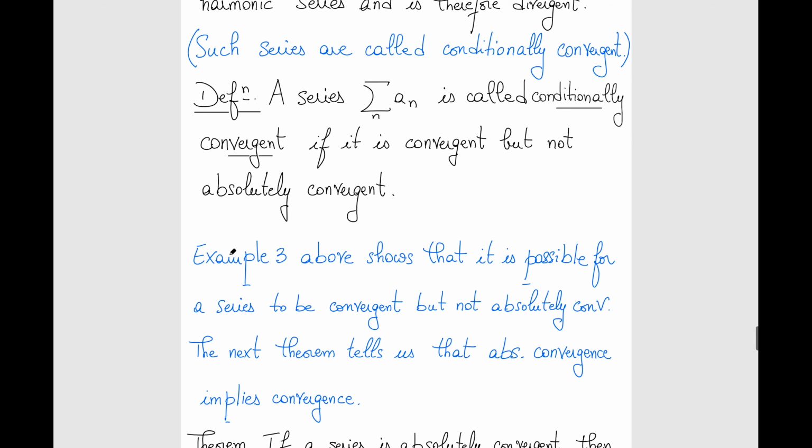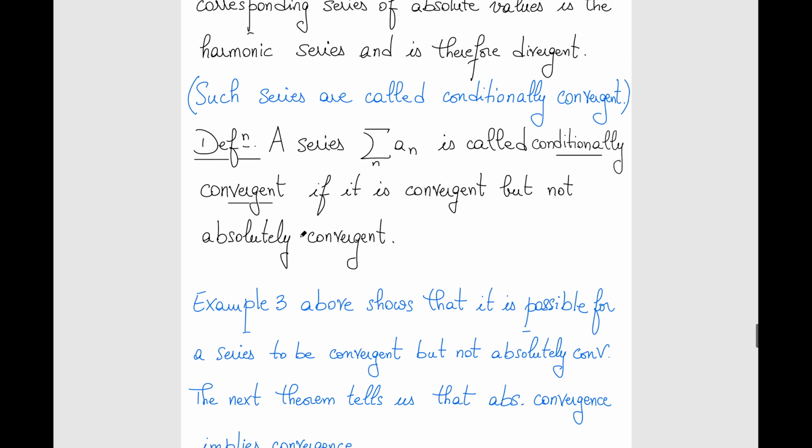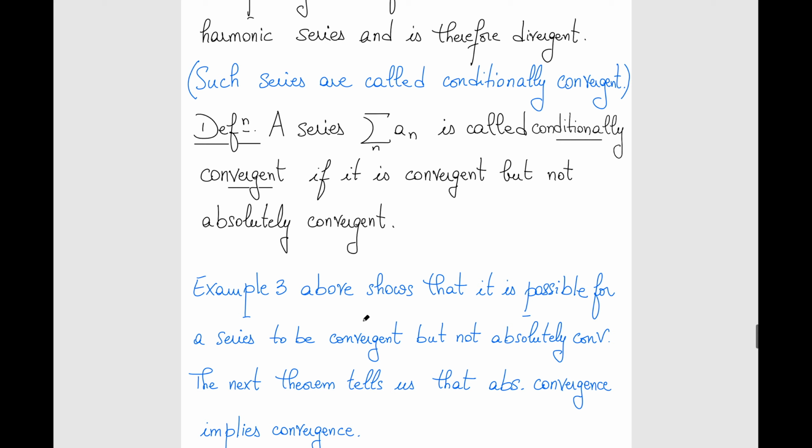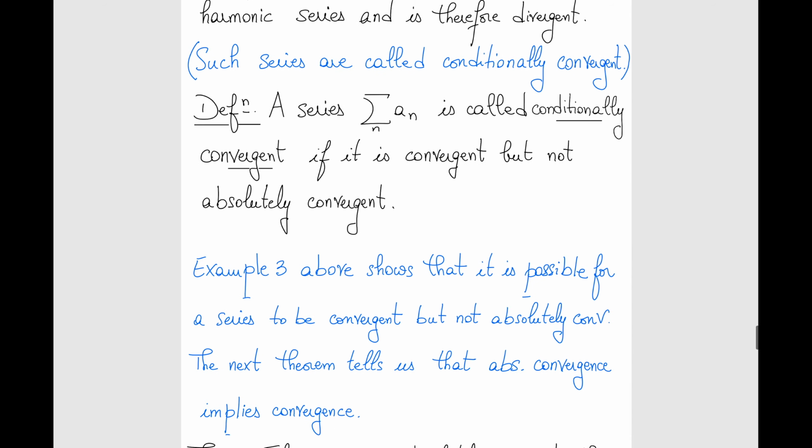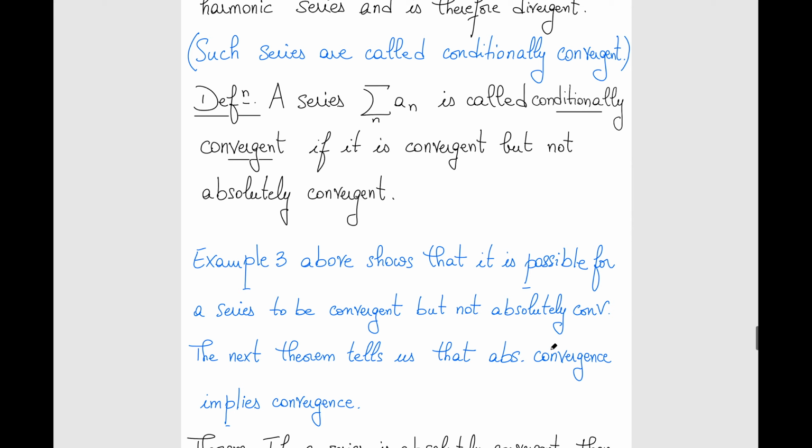Okay. So example 3 above, this example that we just discussed, shows that it's possible for a series to be convergent but not absolutely convergent. The next theorem is going to tell us that absolute convergence implies convergence. So absolute convergence is a stronger notion than convergence in the sense that it entails it.